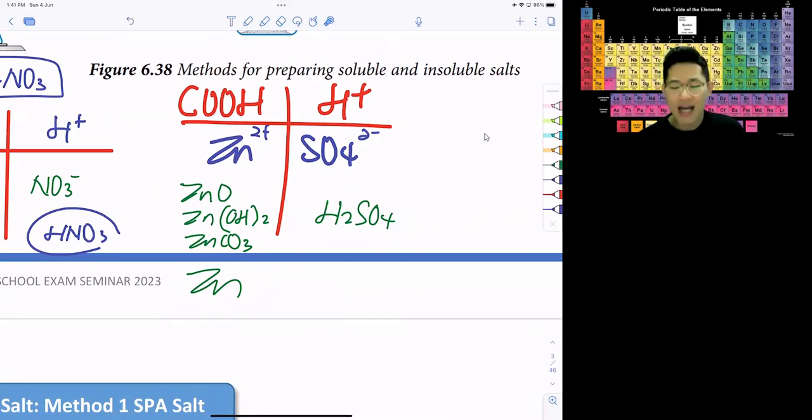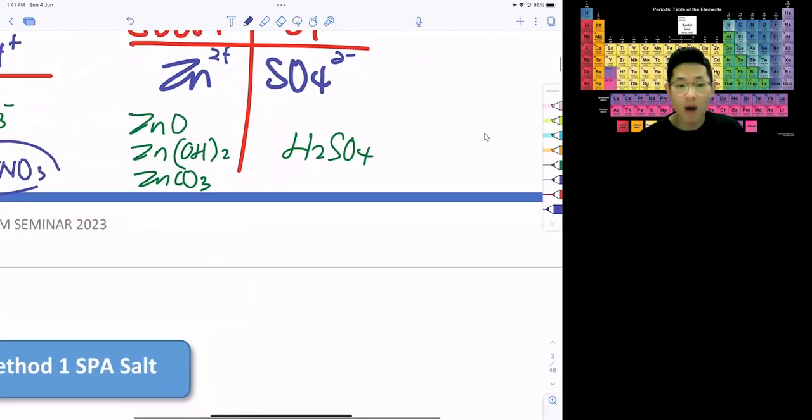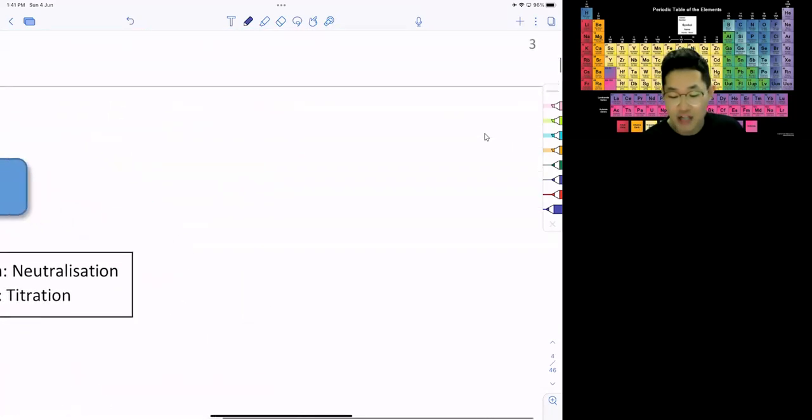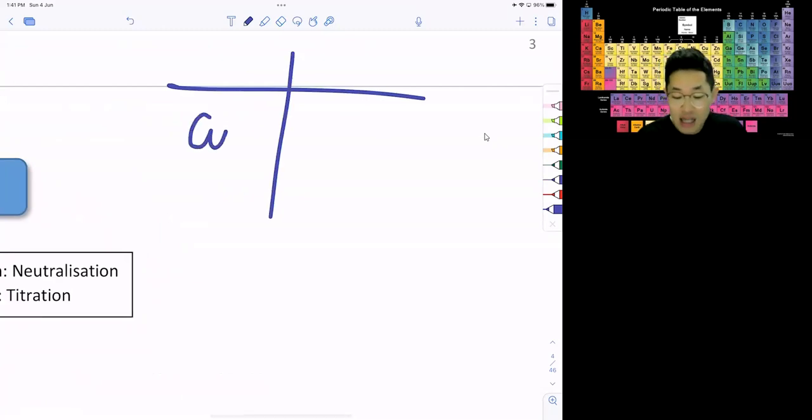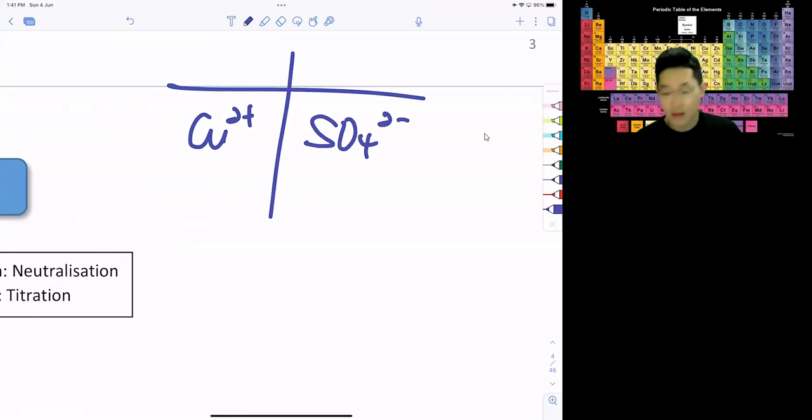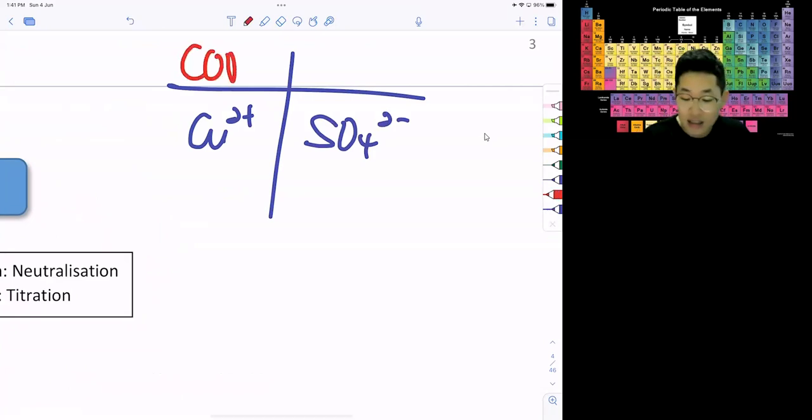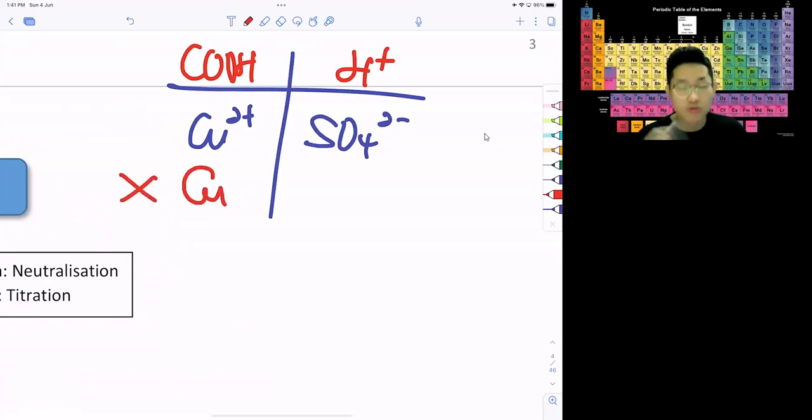Okay, but why don't I include it here? It's because sometimes when they want me to make copper 2 sulfate, let's say, I draw another cross. If this time it is copper 2 sulfate, then I cannot use Cu here because Cu is not a reactive metal.